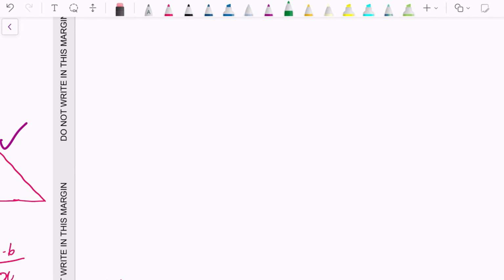Let me give you another example. Let's say this is your axis, or basically your distance x, and this is your pivot. Then you have a force here. So this is your x.